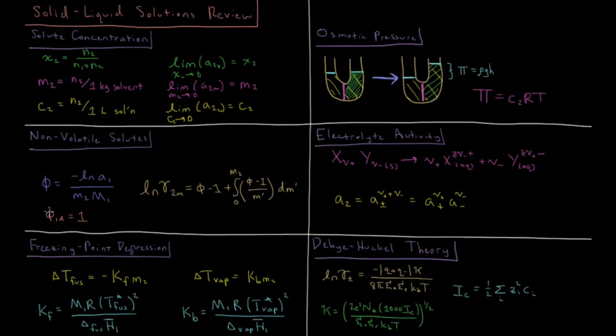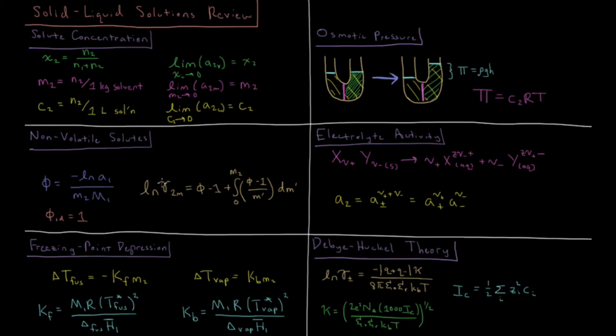This osmotic coefficient is equal to 1 if your solution is behaving ideally at a given mole fraction or a given molality of solute. So this allows us to calculate the natural log of the activity coefficient of our solute from the osmotic coefficient, which is derived from the activity of our solvent, which comes from the Gibbs-Duhem equation.